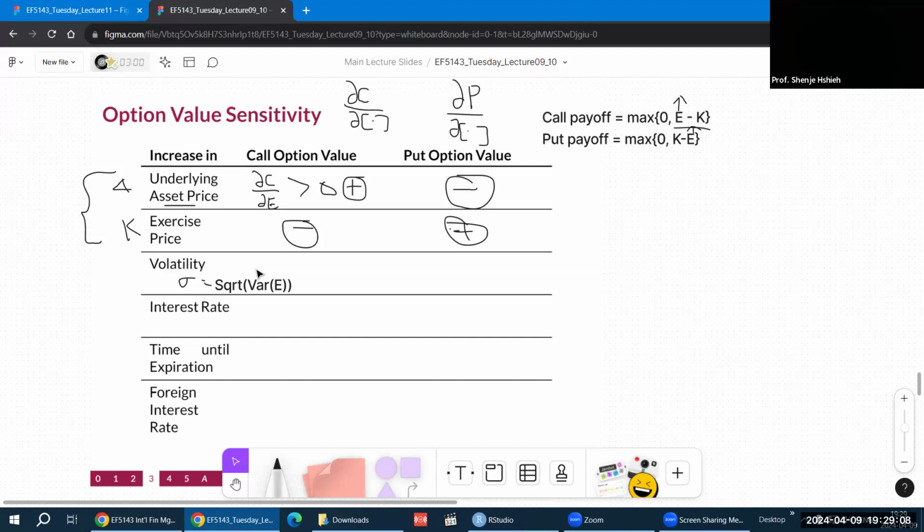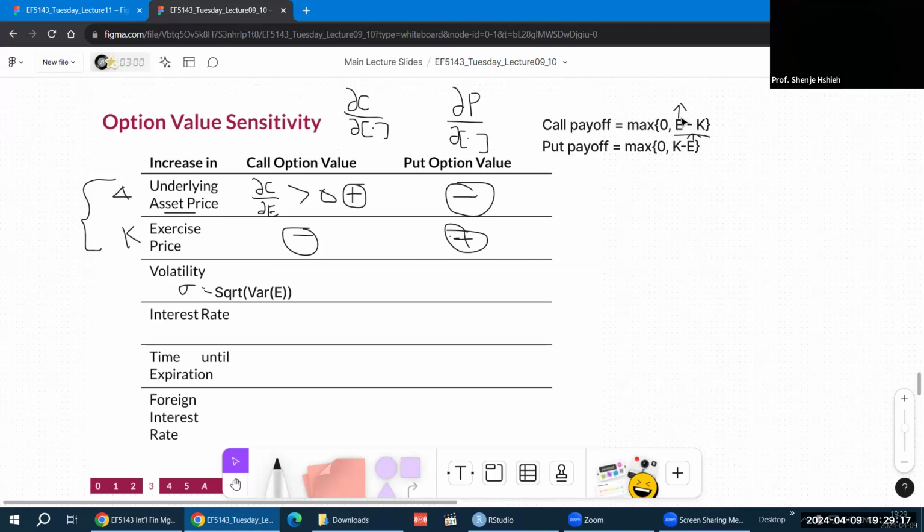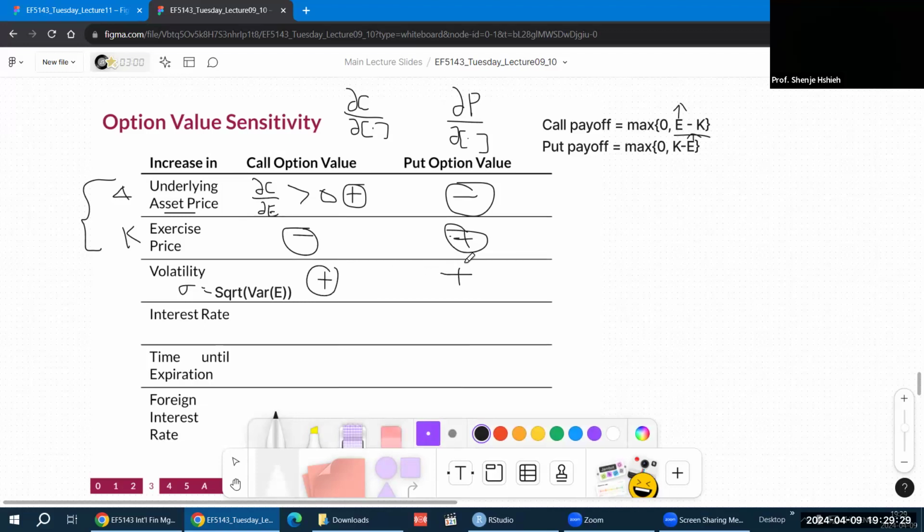The intuition is the following. If the underlying asset is super volatile, then there's more of a chance that the underlying asset E could exceed or fall below the strike price. So the greater the volatility, the more valuable your options are. That means it's going to be positive for both call and put.